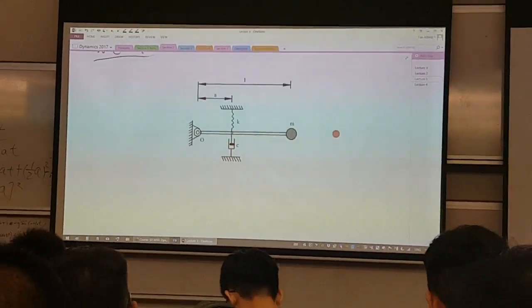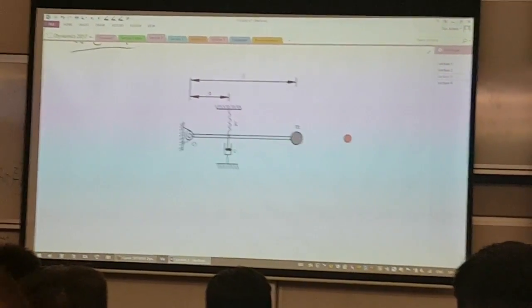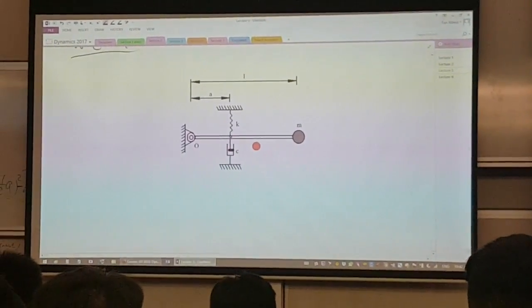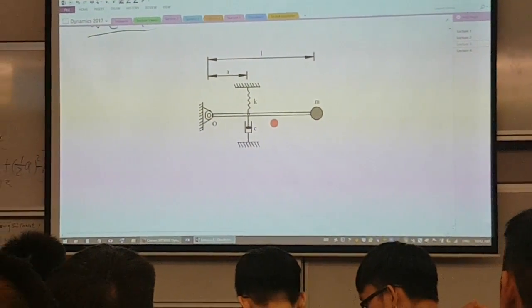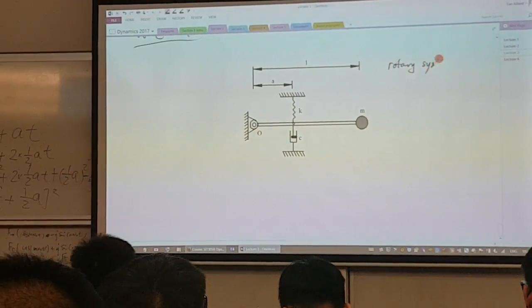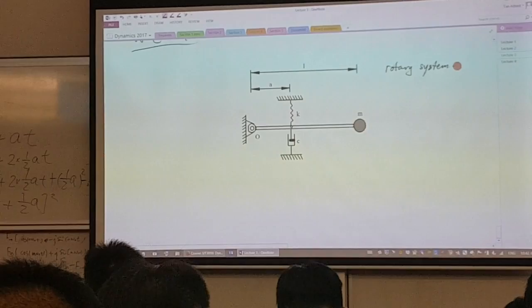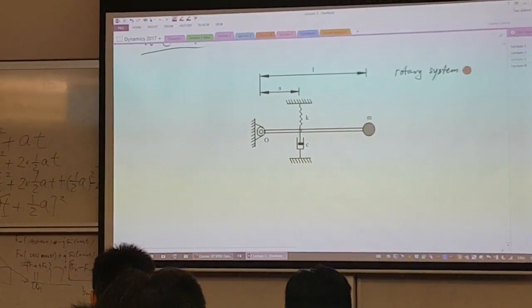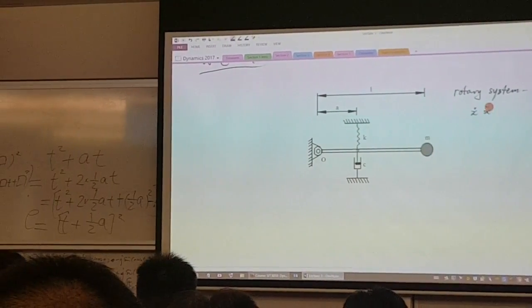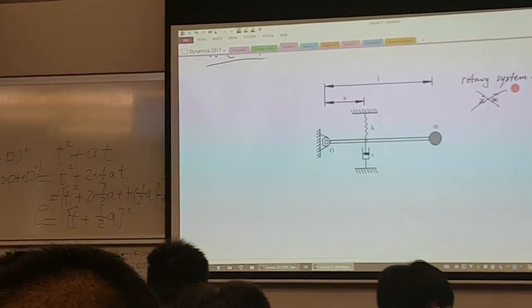So first thing first, if you're dealing with a system that's that way, what comes to your mind immediately is that this is actually a rotary system. Why is this important? If you don't think that way, then you start to use x dot, x dot dot. These are wrong.